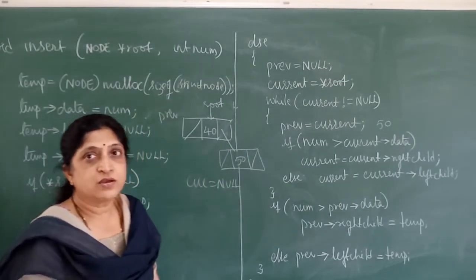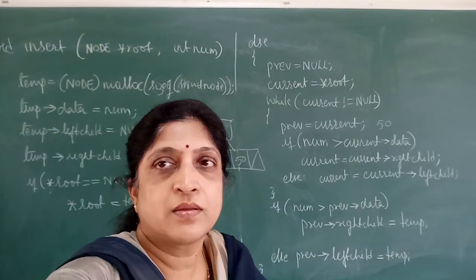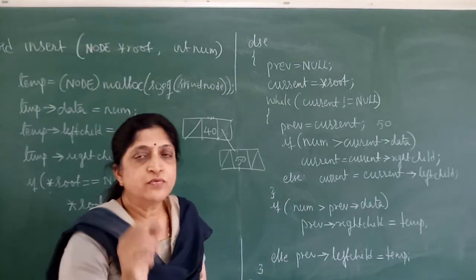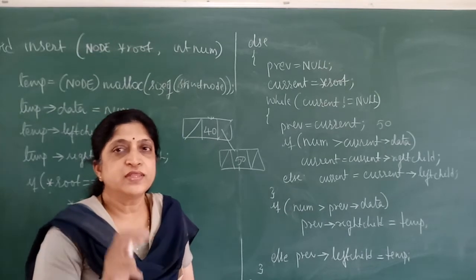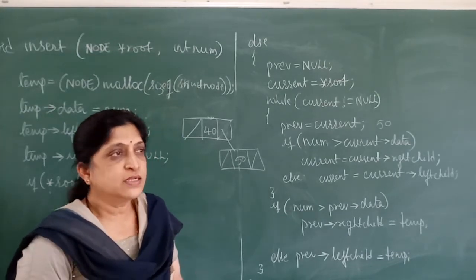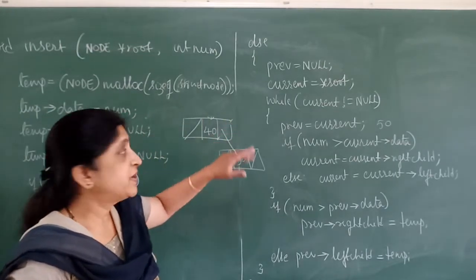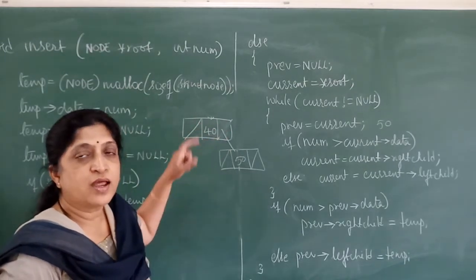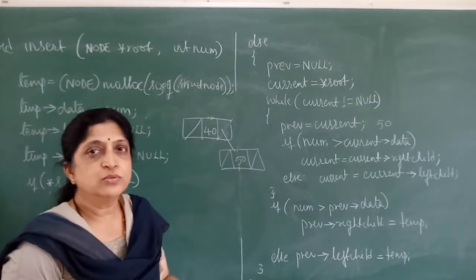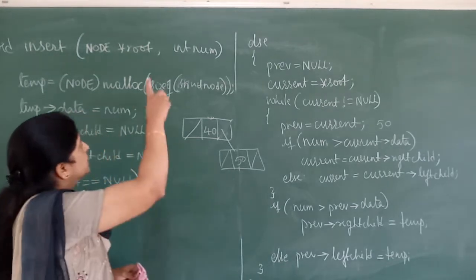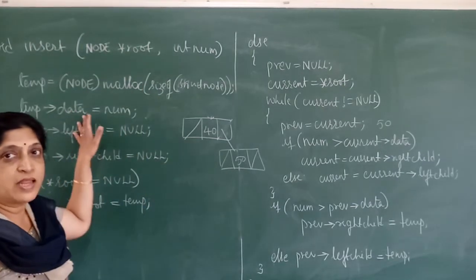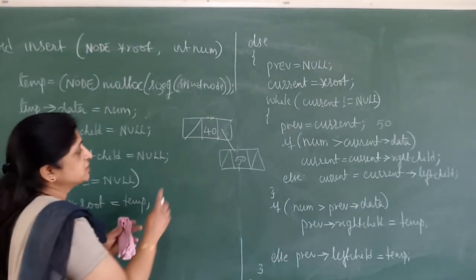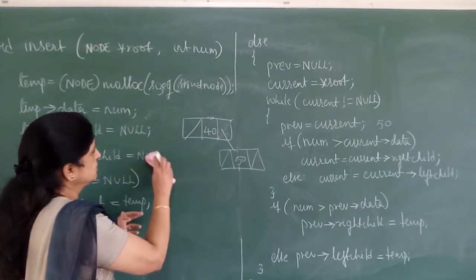Let us take one more example where we try to insert the node with the key 30. That is, we call this function by passing this pointer to root and the value 30. That is, the number is 30. Then we perform the malloc operation.